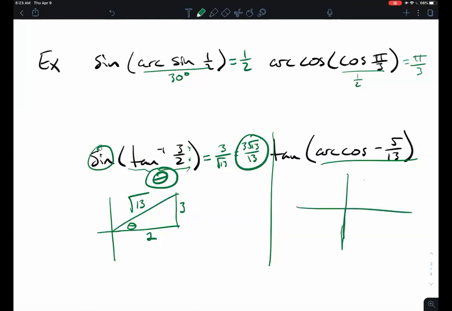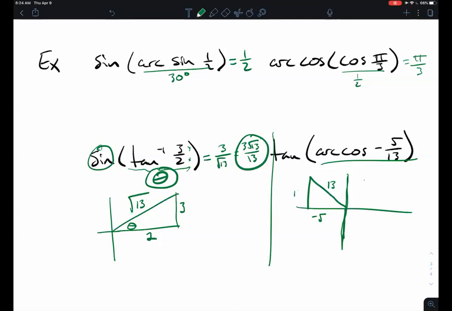Arc cosine of negative 5/13 puts me where? Second quadrant. Good. Arc cosine of theta here, and cosine, I think we have that going on. And is that a 5, 12, 13 Pythagorean triple?